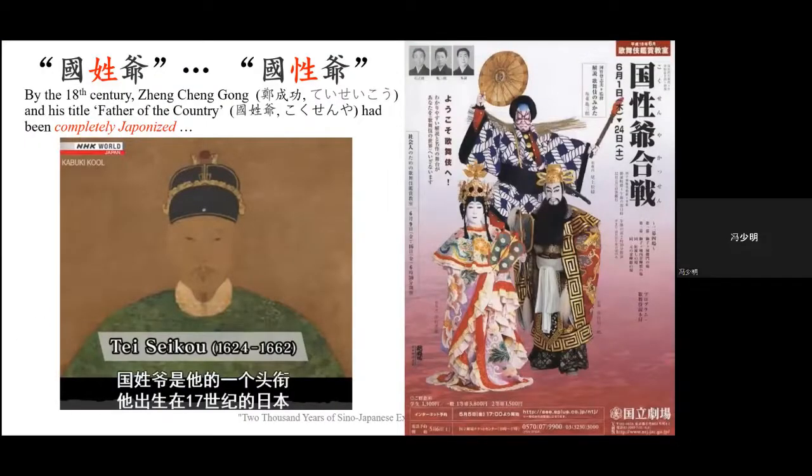Now, Zheng Chenggong, although he was of Chinese descent, had been assimilated into Japanese culture, and he even has a Japanese name, Teisei Ko. And we can see on the right a poster of his stories being told in Japan, right?